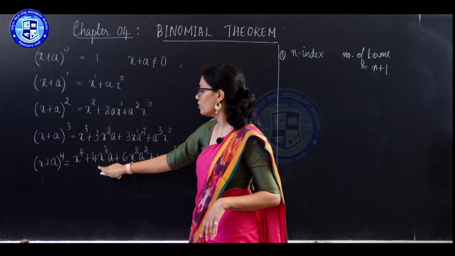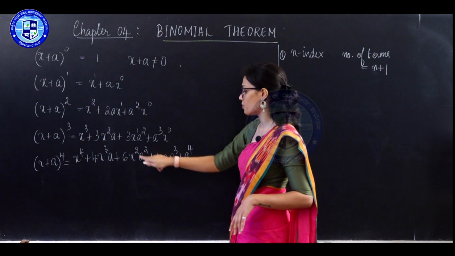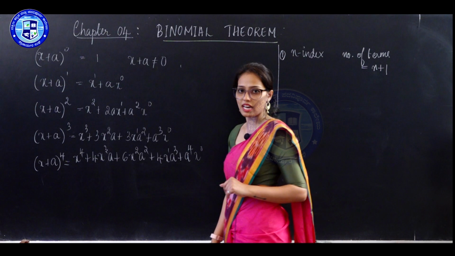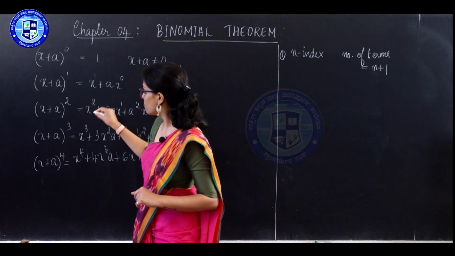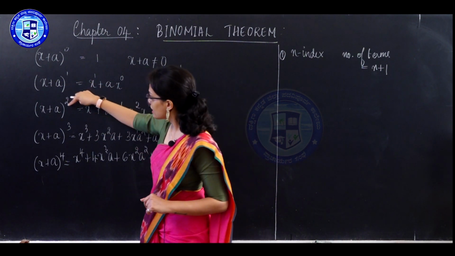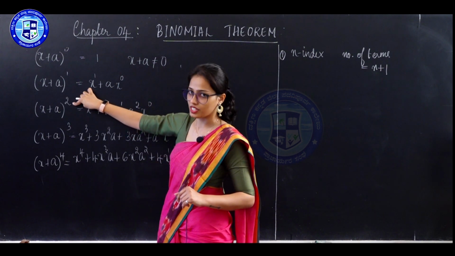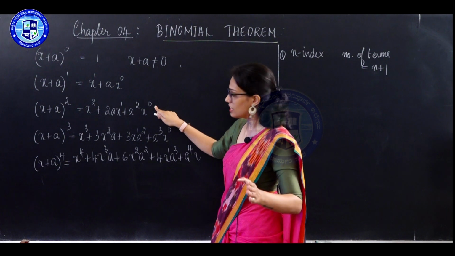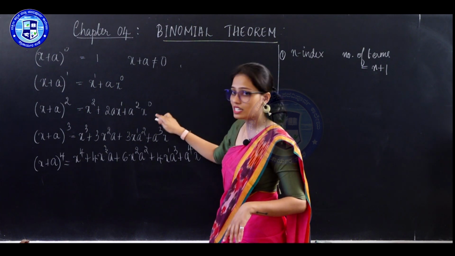We start with x to the power 4, x to the power 3, x squared, x to the power 1 and x to the power 0. So what is happening here? We raise the power of x to the highest, that is same as that of the index, and we reduce it each time by 1 until we reach 0.